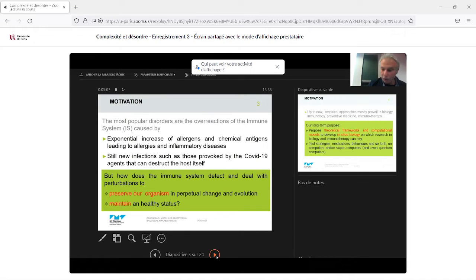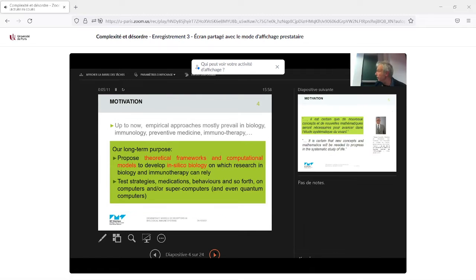So it's a fundamental question, of course, and there are many researchers who tackle this question. What's the difference between our approach and other ones? I would say, by and large, that current approaches in biology and immunology are mainly empirical.